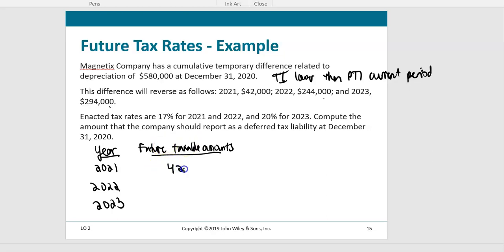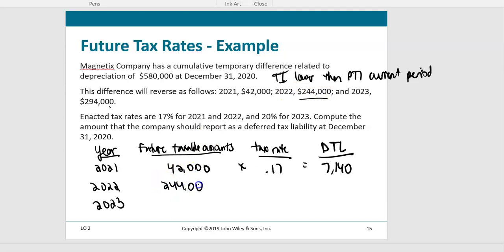In 2021, it's $42,000, and we're multiplying it by the tax rate of 17%. We're using this to solve for our deferred tax liability, $7,140 in year 2021. We take the amount 244 and multiply it by the tax rate expected to be in effect in 2022, giving us a deferred tax liability balance of $41,480.